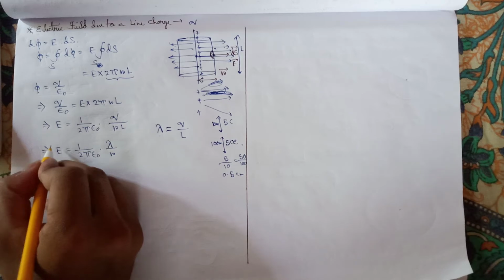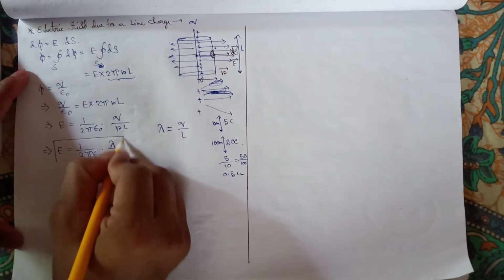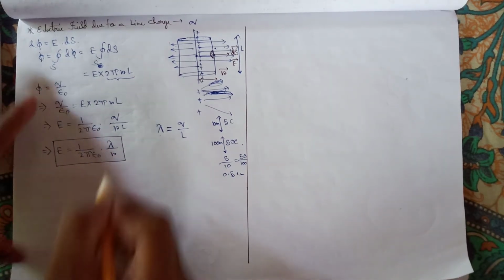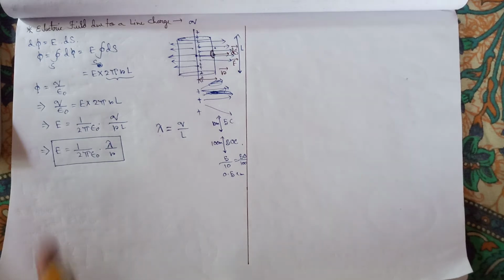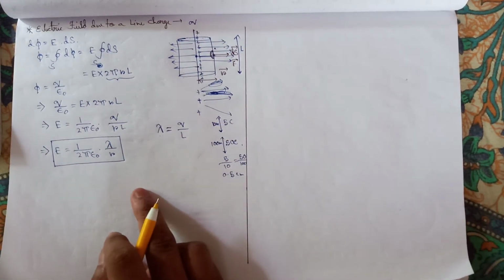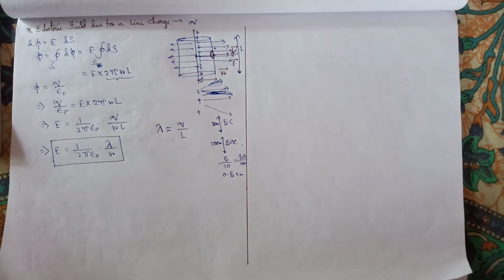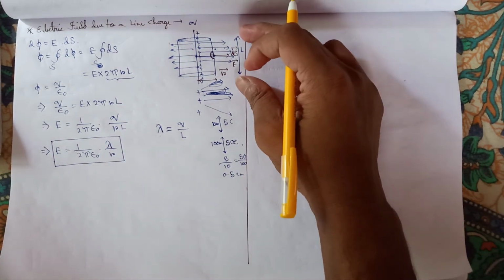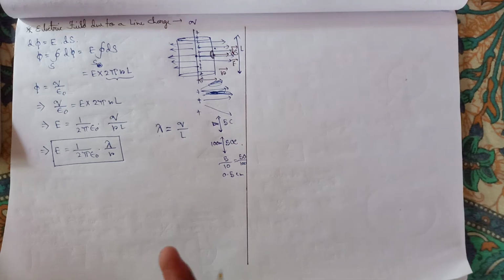Look at that expression: as lambda is constant for a uniform line charge, the electric field due to that line charge is independent of the length, because lambda is constant for a smaller or a higher length.